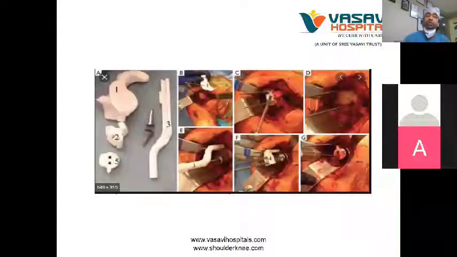This is like an improved version of our computer navigation, because there's not much space on the shoulder to do all the navigations. Obviously we did navigations and the results were not very good, so we started to do this patient specific instrumentation, which has shown encouraging results so far.